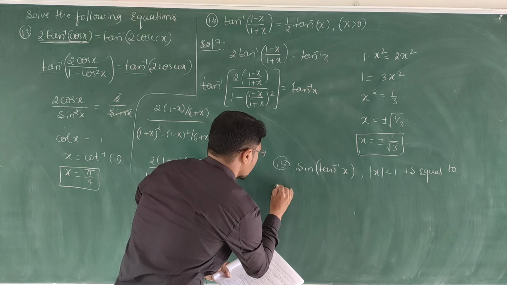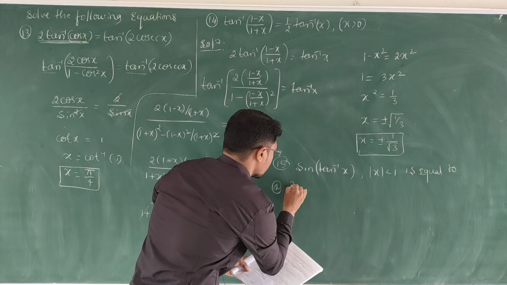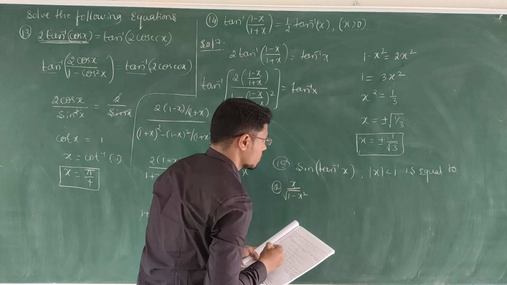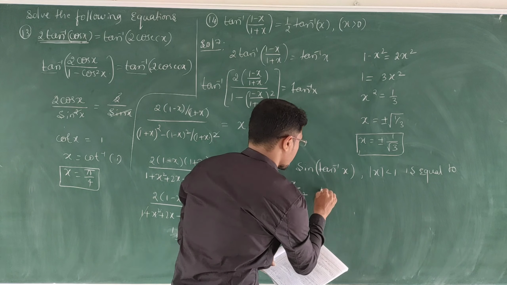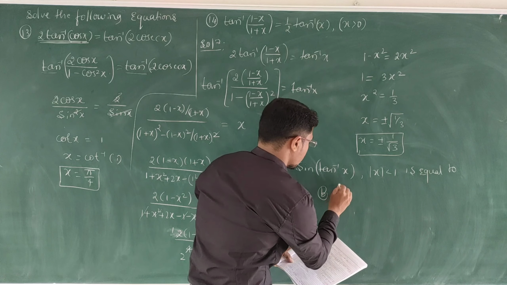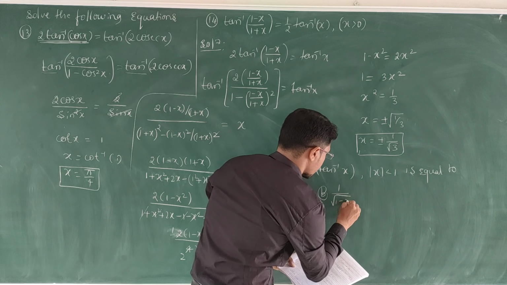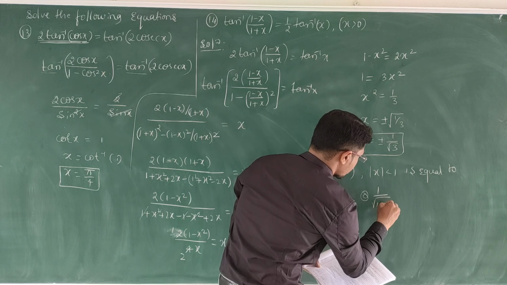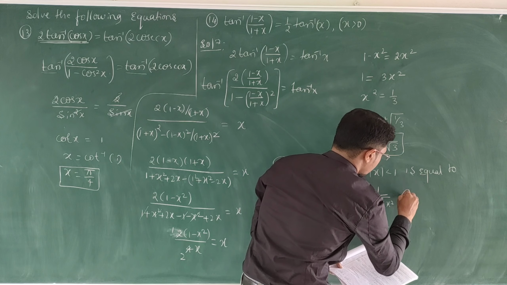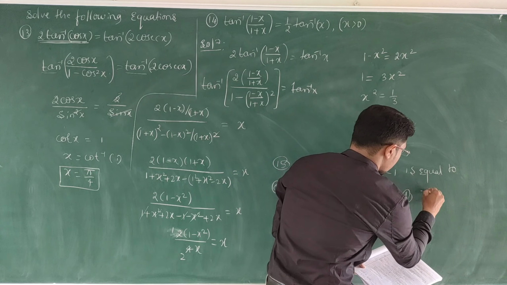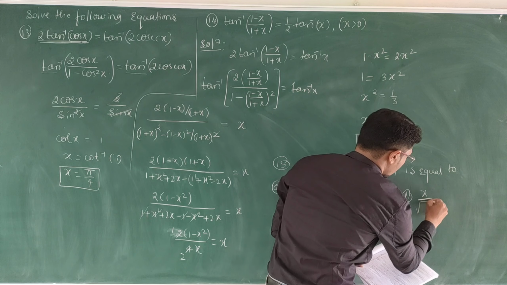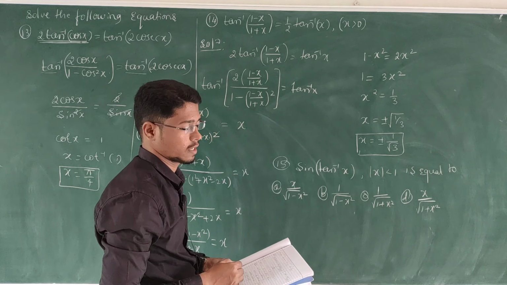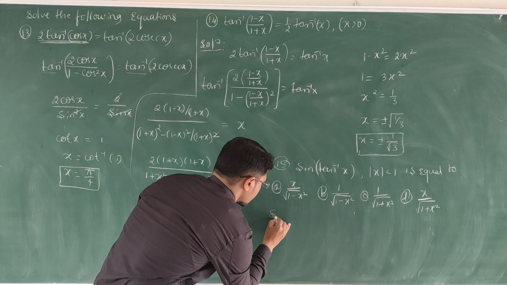The options are: A, x upon root 1 minus x square; B, 1 divided by root 1 minus x square; C, 1 divided by root 1 plus x square; option D, x divided by root 1 plus x square. So see the solution for this.